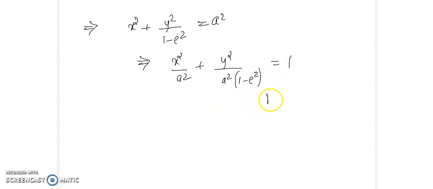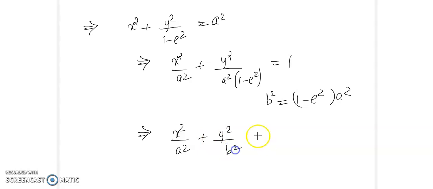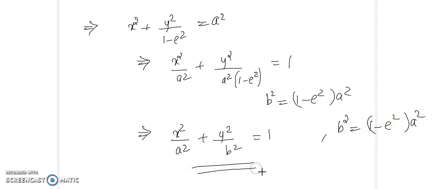So put b square equal to 1 minus E square into a square. So that implies the equation of ellipse is x square by a square plus Y square by b square equal to 1. So here b square is given by 1 minus E square into a square. So this is going to be the standard equation of the ellipse.